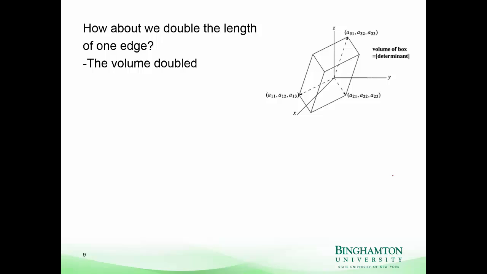So what if we were to take some rectangular box, it doesn't have to be square edges, right angles, and we just took one side of it and we doubled that length. Well, we would know from our experience with areas that the volume of that box should double. And what happens to the determinant?